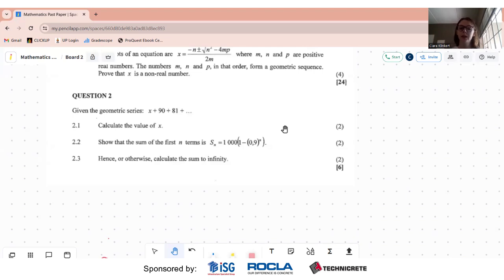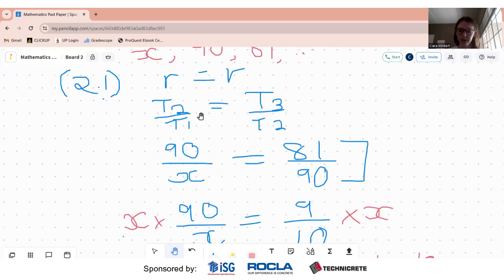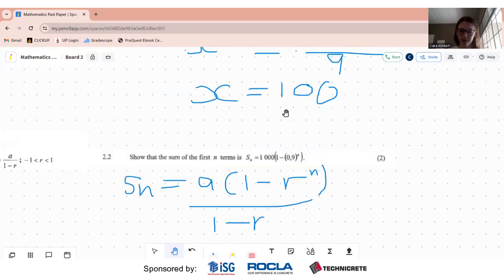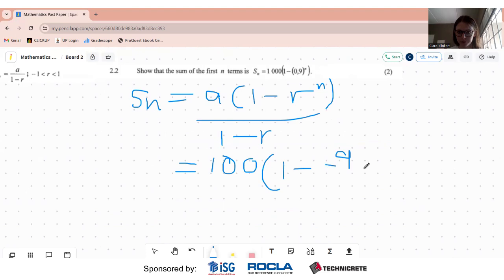So A is equal to 100, okay? And r, we calculated it as 9 over 10. So A is 100, r is 9 over 10, to the power of n.